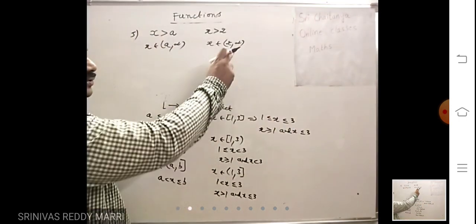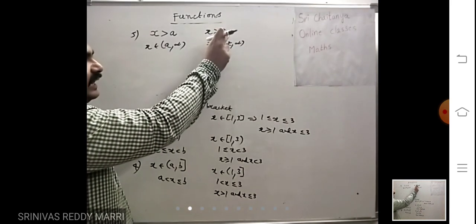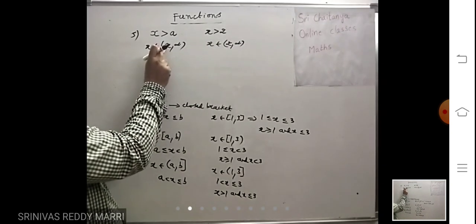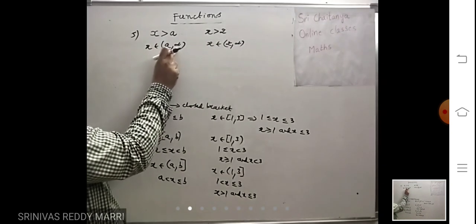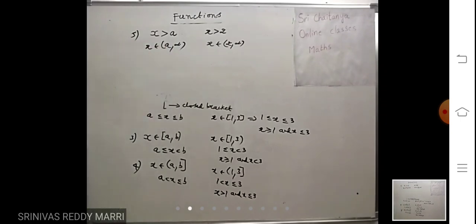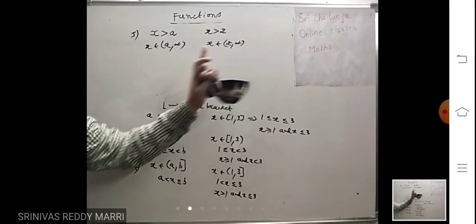So greater than 2 means from 2 to infinity. So here a open bracket, infinity open bracket. That means x will not take the value of a, because x cannot be 2. Strictly greater than 2. That's why an open interval is written.